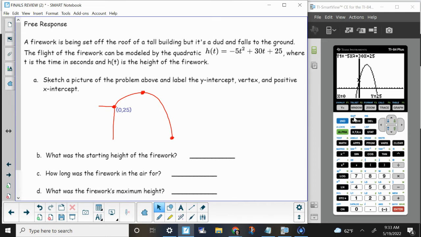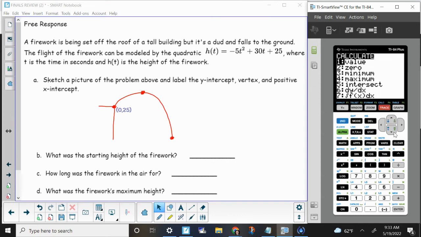Now I want to find my vertex. We just did this on the previous problem. So I'm going to go to second, trace, and go to maximum, which is 4. I need to make sure that I'm on the left side of my vertex, and then I hit enter, and then I go to the right side of my vertex, and I hit enter, and then I can hit enter again, and there you have the x and y value.